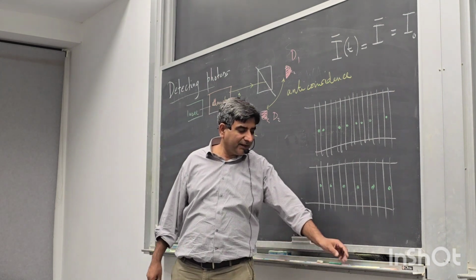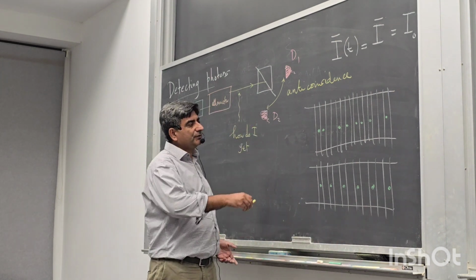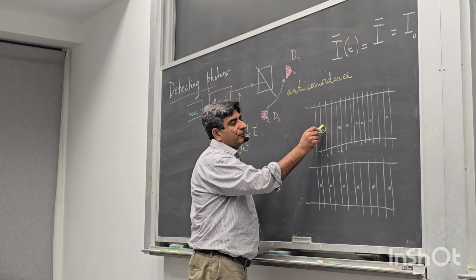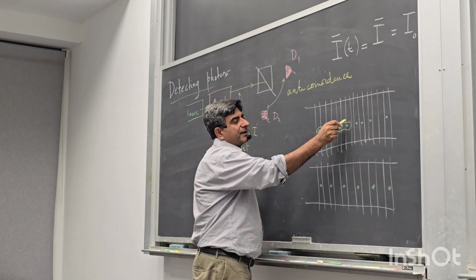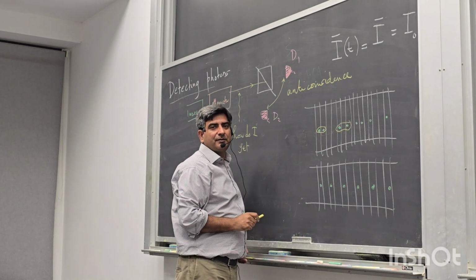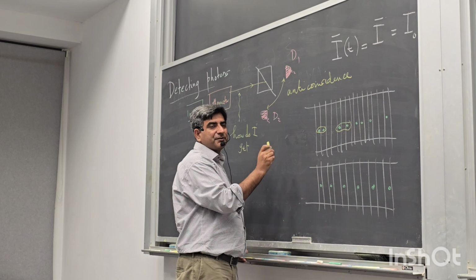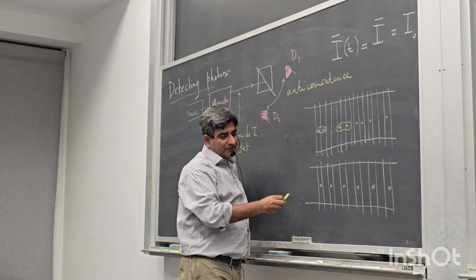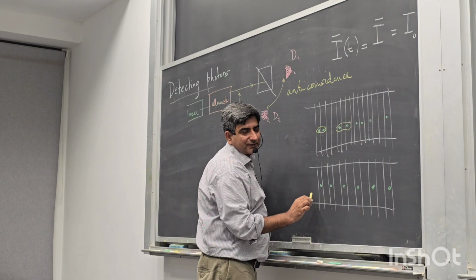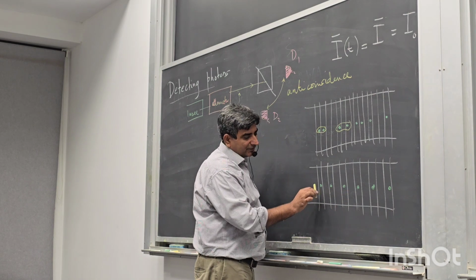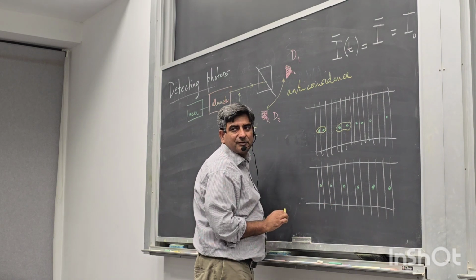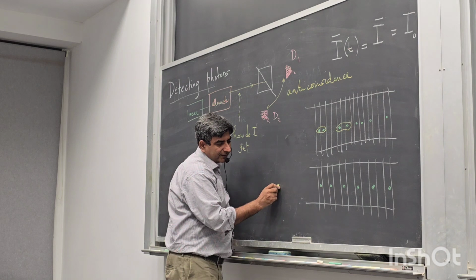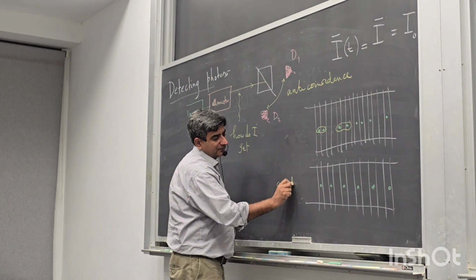And the reason is that these photons sometimes tend to lump together and come together in bunches. So they coalesce and come together in bunches. Whereas in this highly regular case, the photons are separated out. So this kind of light is called anti-bunched light.